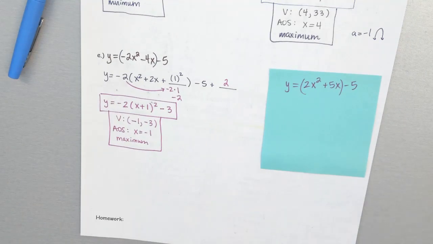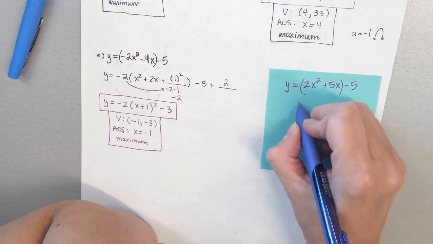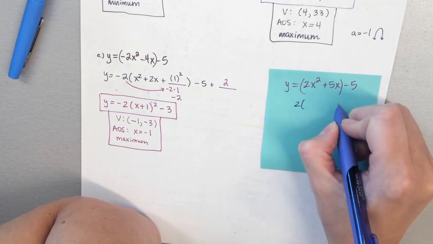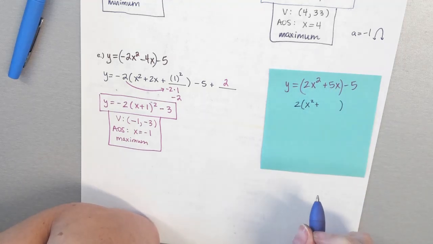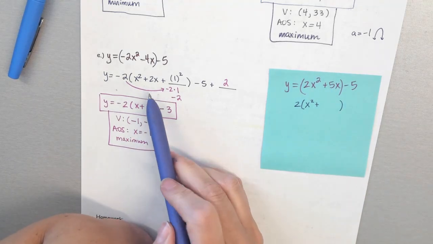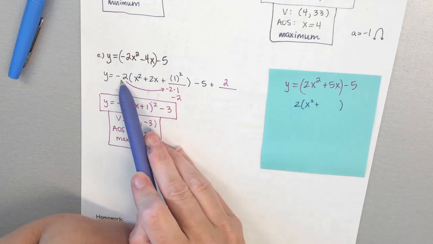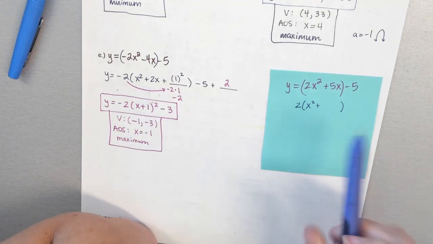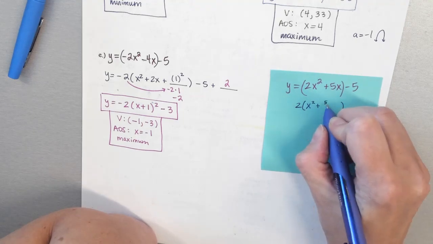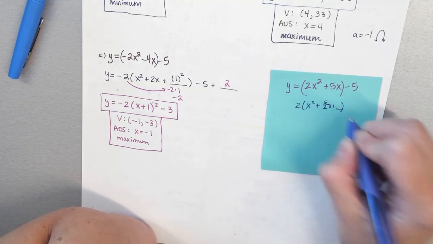Okay, and then what if you had something like this? Do you guys know what you would simplify that to? So to get here, didn't we do negative 4 divided by negative 2 to get this? So what's 5 divided by 2? Just 5 over 2.